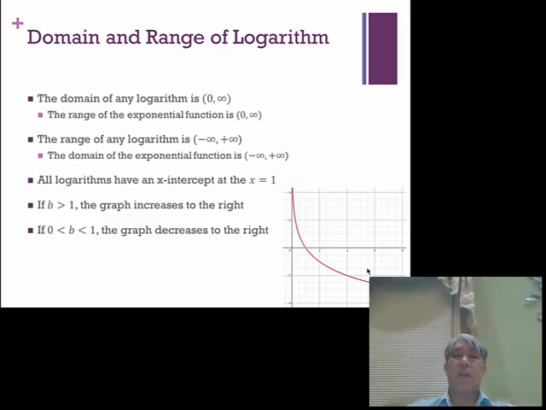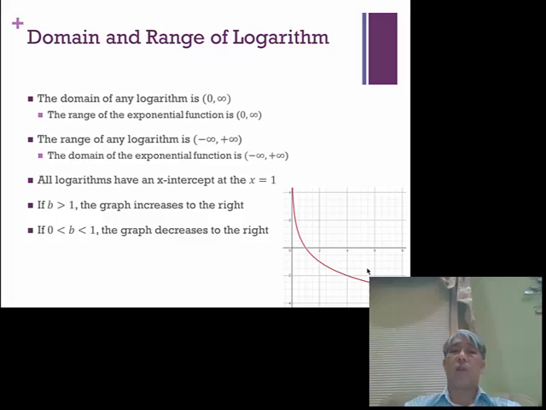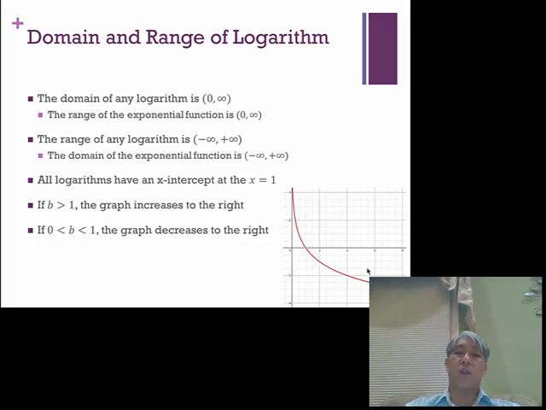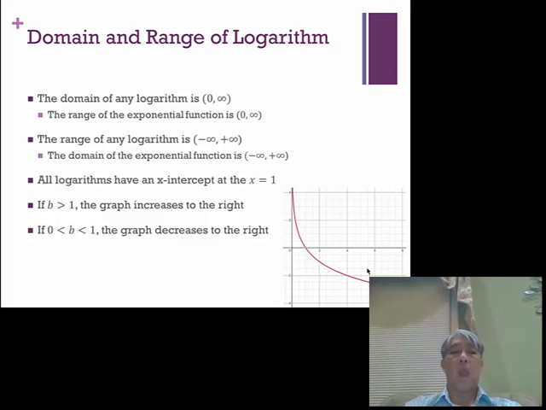So, looking more specifically at the domain and the range of the logarithm, the domain of any logarithm is going to be 0 to infinity. The range of the exponential function is 0 to infinity. The range of any logarithm is minus infinity to plus infinity, whereas that happens to be the domain of your exponential function.